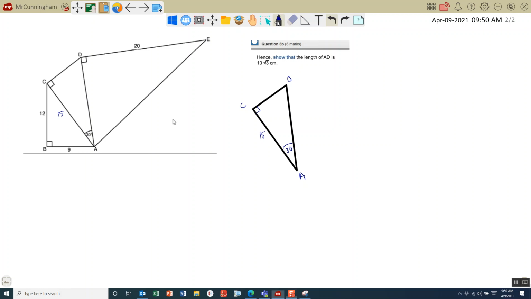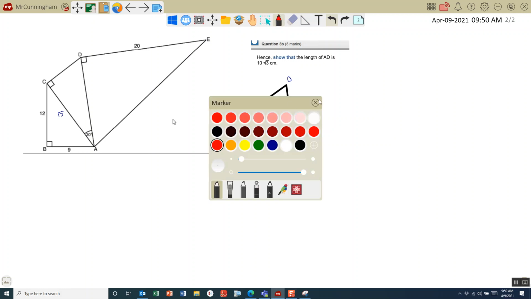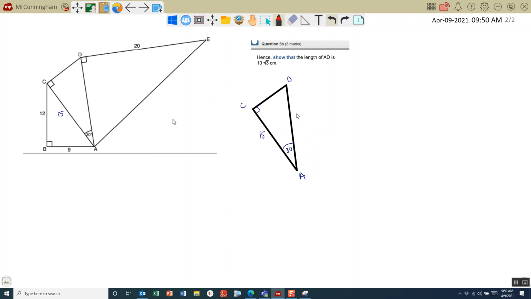The side opposite the right angle is my hypotenuse. The side opposite my given angle is the opposite. And my side left over is the adjacent.